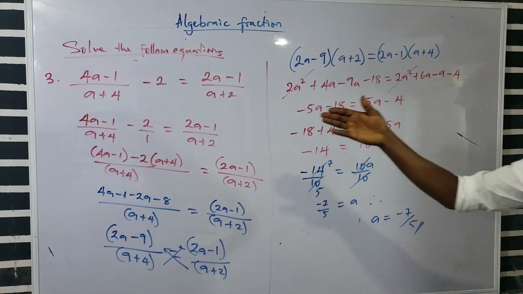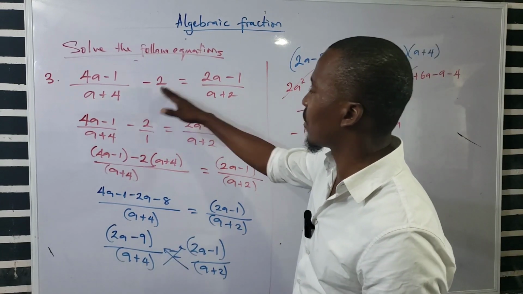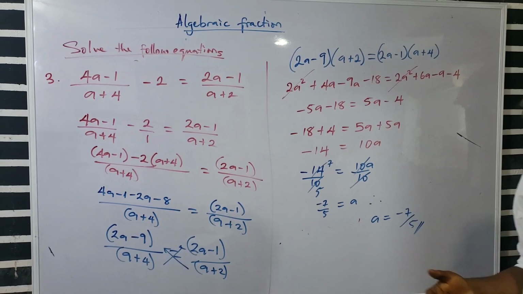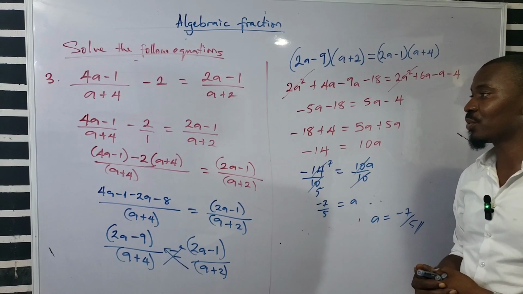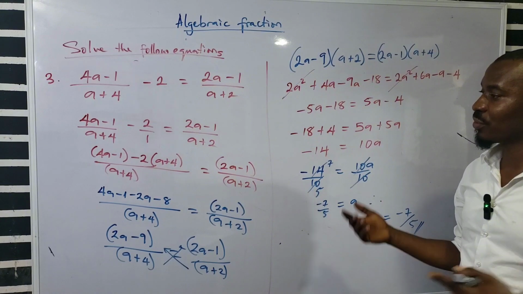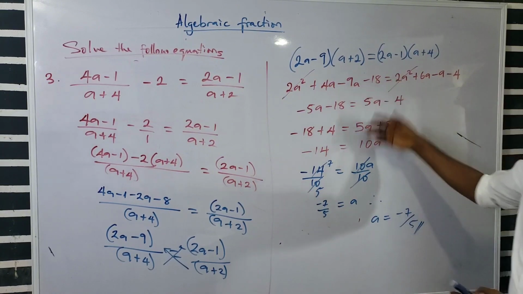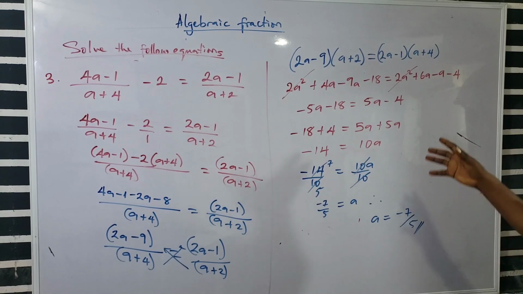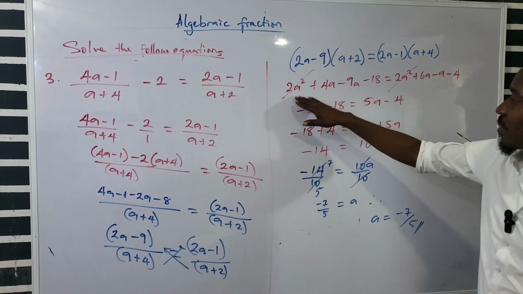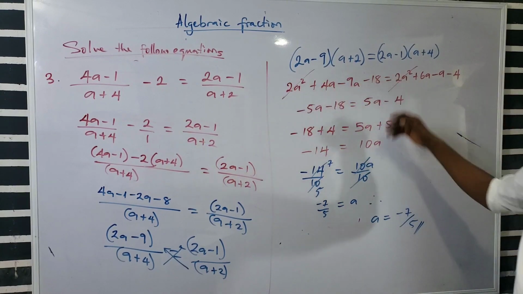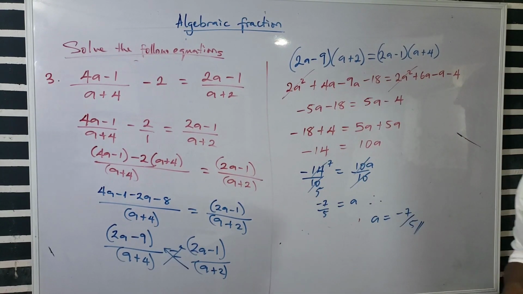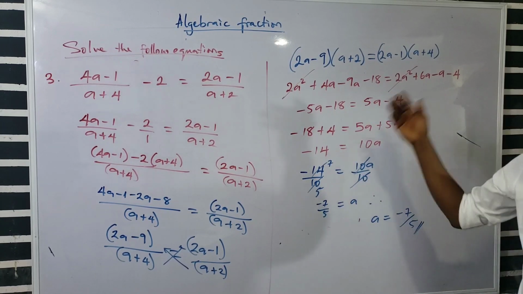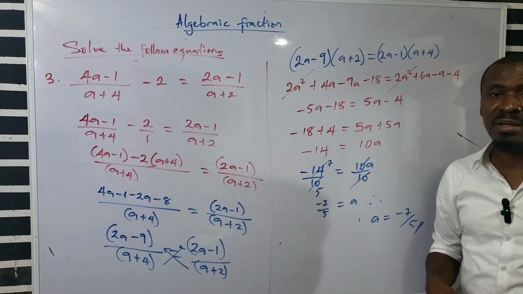So whatever you are going to do to get a single fraction at the left-hand side or right-hand side, you have to do that probably by taking LCM or whichever other ways that you can be able to do that. So when you get a single fraction, you cross and multiply. When you cross and multiply, you just solve your problem. Sometimes it can also lead to quadratic. You can see each time we want to get quadratic, we will not get the same thing and cancel out. Not every question will actually cancel out like that. So some questions, it might lead to quadratic. We solve our quadratic and still get our answer.